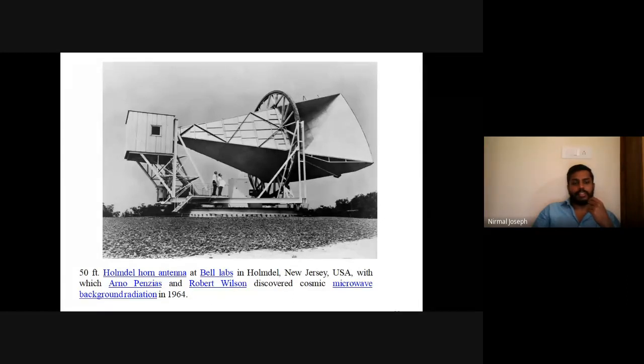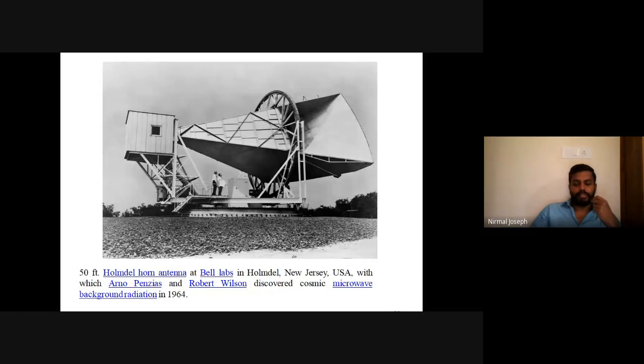This antenna was established in the 1960s, and in 1964, using it, the scientists were able to find the cosmic microwave background radiation. So these are recent applications of the horn antenna.